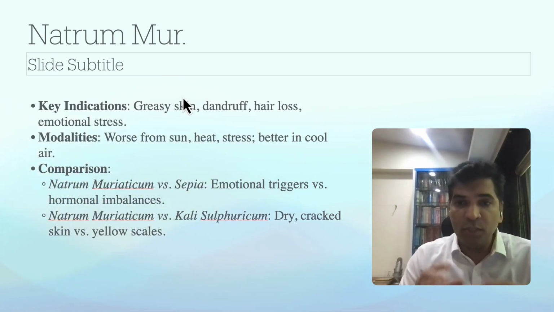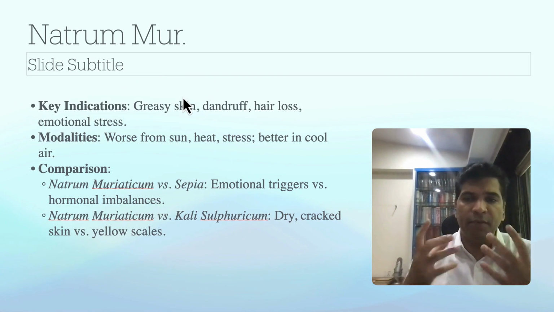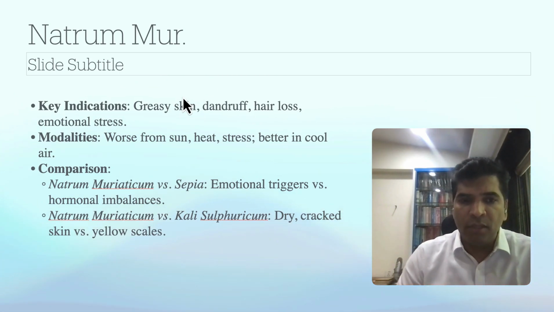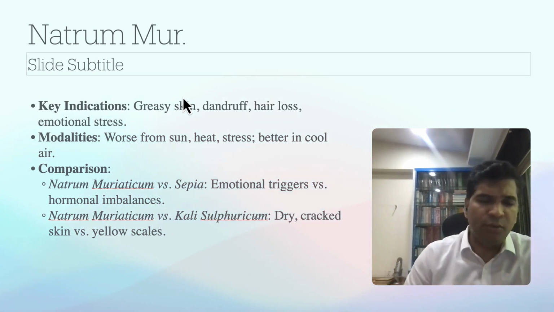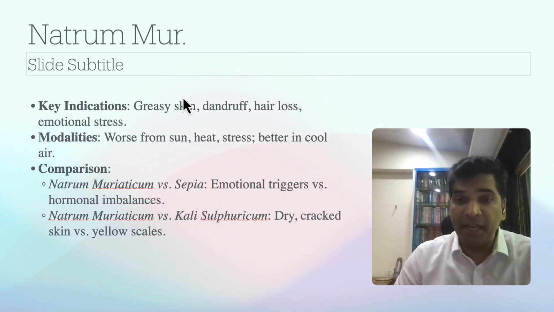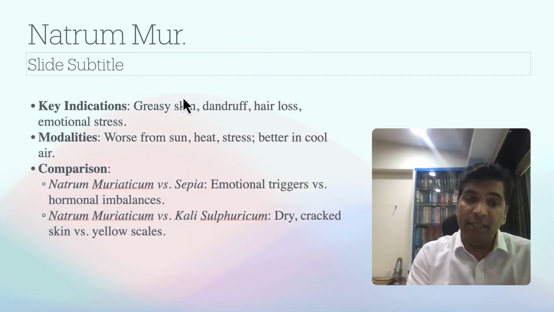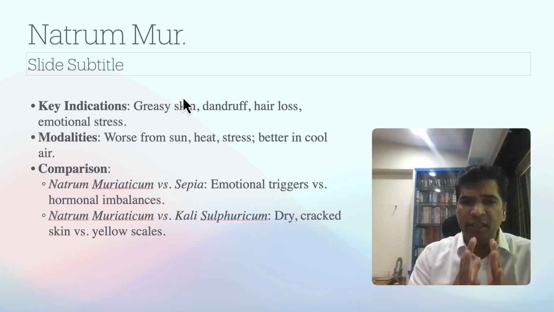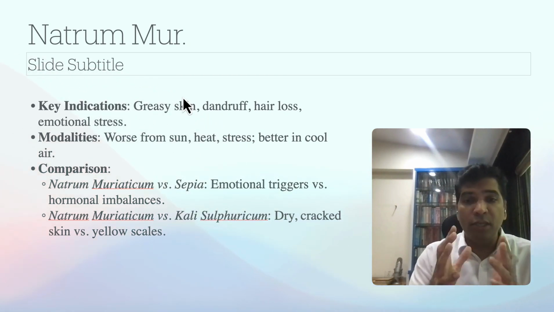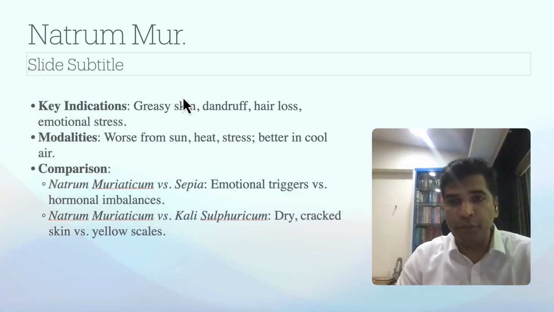They have yellowish tinted eruptions everywhere, wherever there is a skin lesion. And in Natrum mur, there is cracked skin also. Now here, I have mentioned it a little wrongly: there can be dryness or there can be greasy skin also. But there you will rarely find yellowish discoloration in Natrum muriaticum.